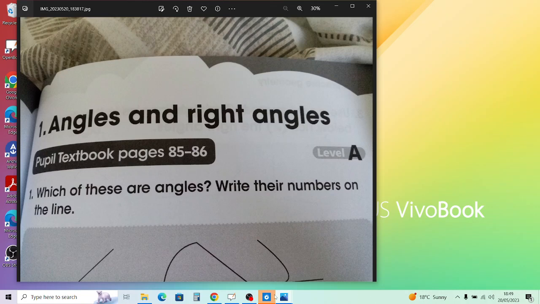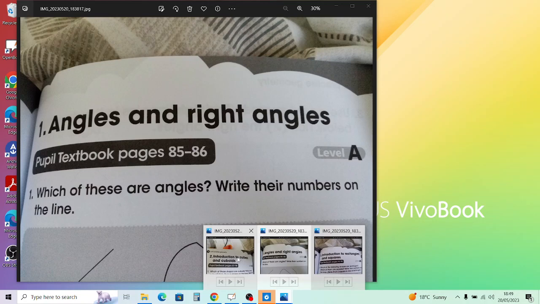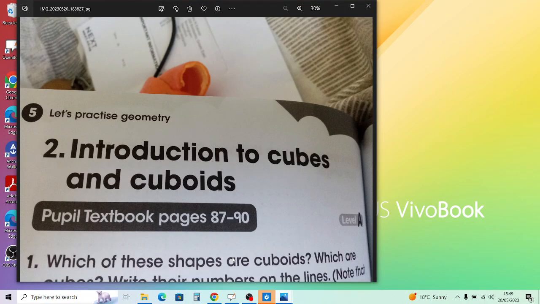Moving on to part 2, which is an introduction to cubes and cuboids. This has been done before, where they had shapes in the previous introduction, so it's more of a focus on cubes and cuboids. These are shapes that are made out of rectangles and squares. Squares all the way around will be a cube, and rectangles all the way around will be a cuboid.